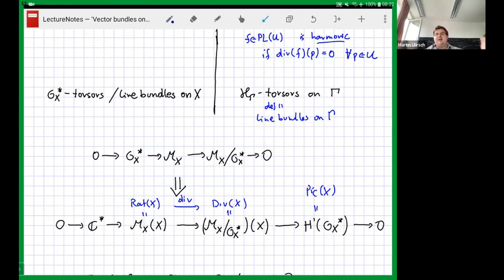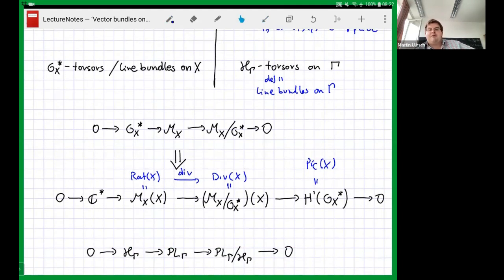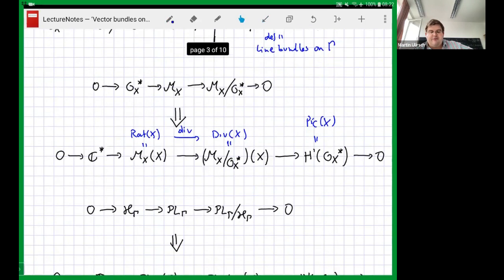That's the classical argument that you all know from whichever context you learned sheaf cohomology in. And the same type of argument also works on a metric graph.